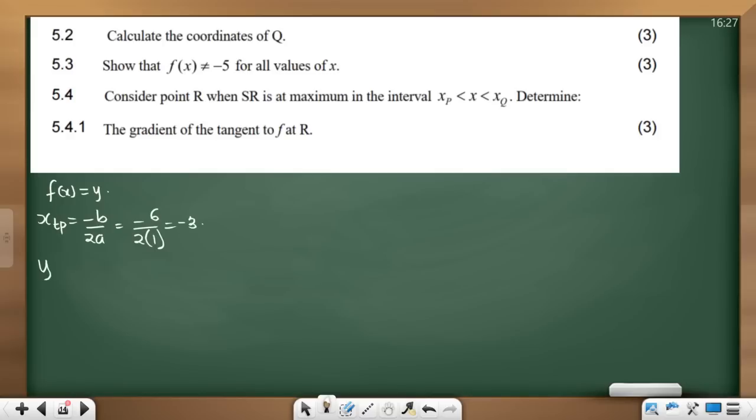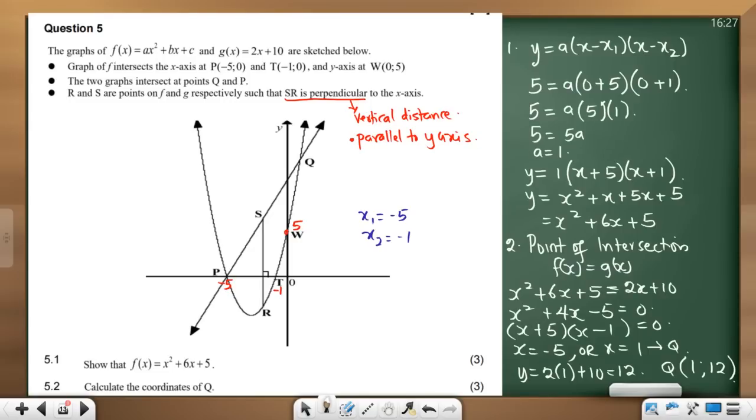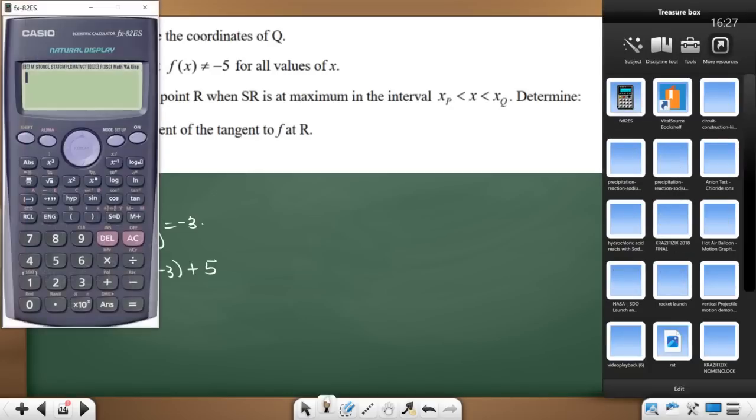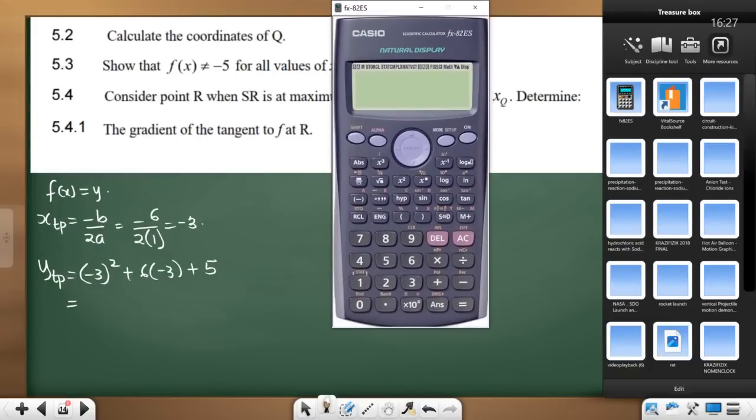So what do we do? We find the ytp by throwing it back into the original, x squared plus 6x plus 5. We must get a number bigger than negative 5. All right, negative 3 squared.